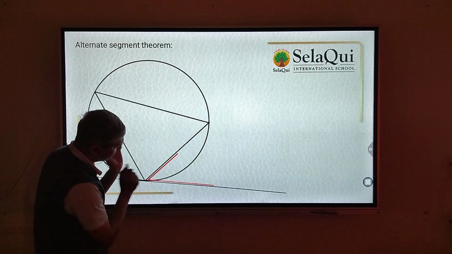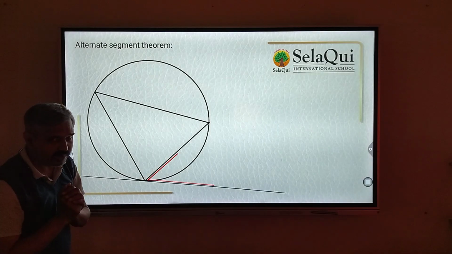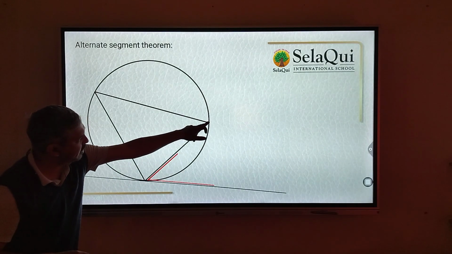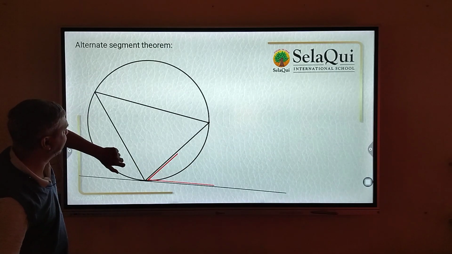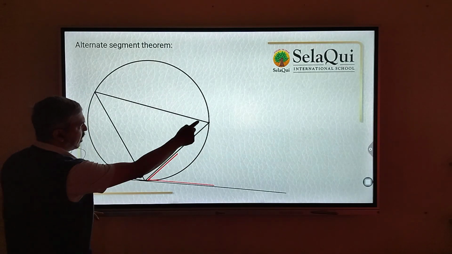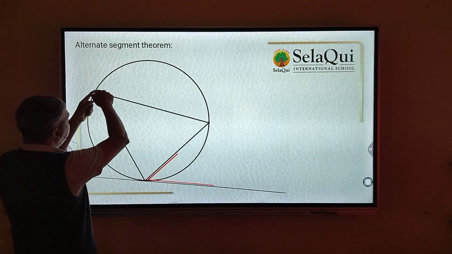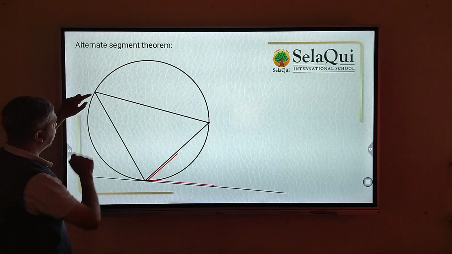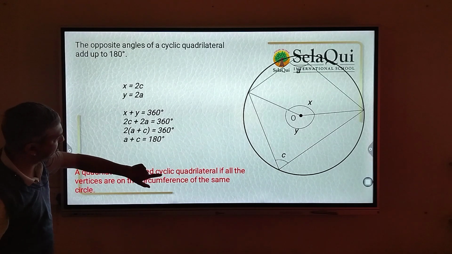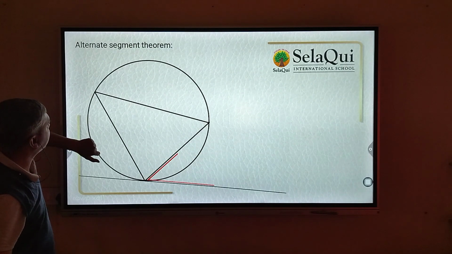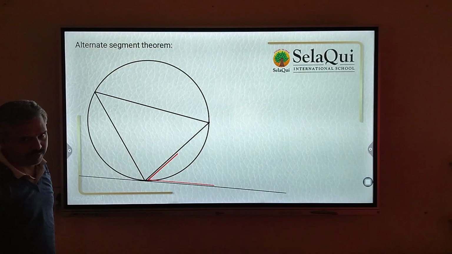In between them there is this angle. Now what I am saying is, you join this point and this point to any other point on the circle and make an angle. This angle will be equal to this angle. And this is called the alternate segment theorem.